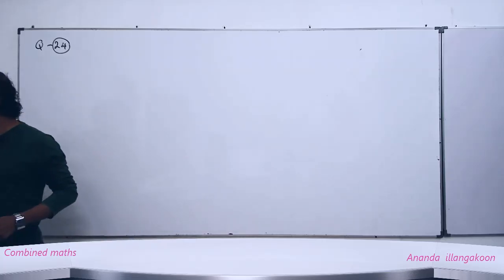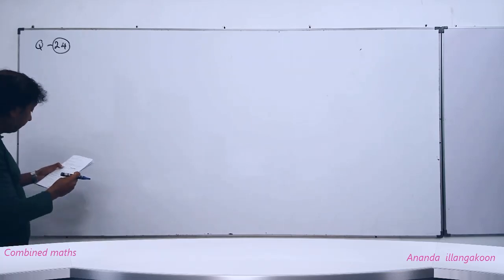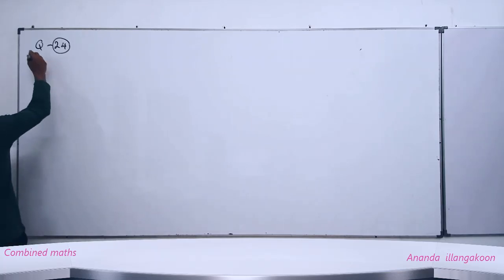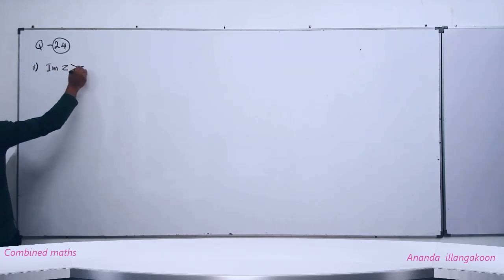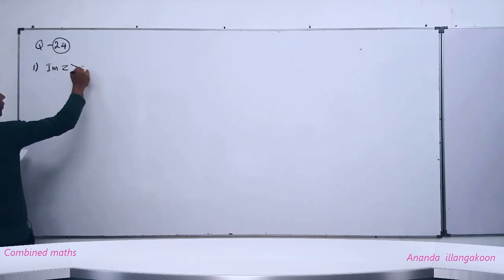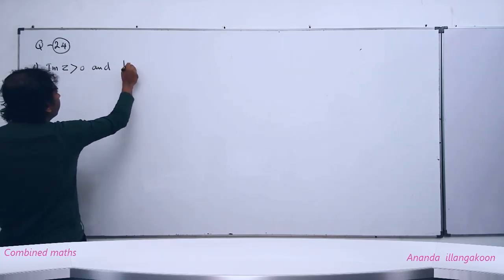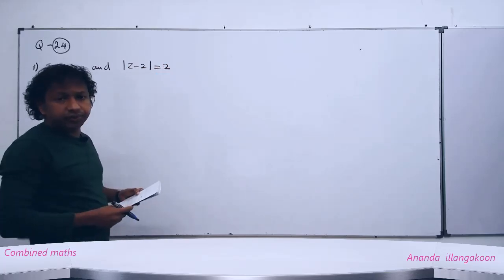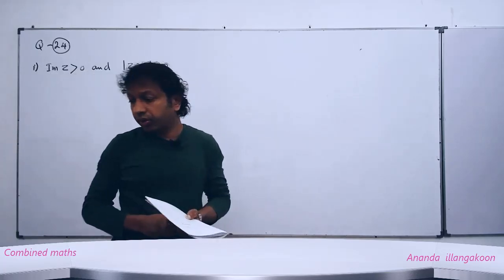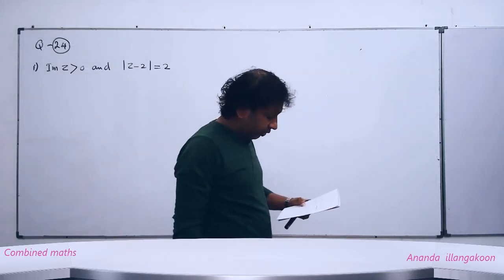First condition given: first part, imaginary part of Z greater than 0 and mod Z minus 2 equals 2. The region satisfying this.